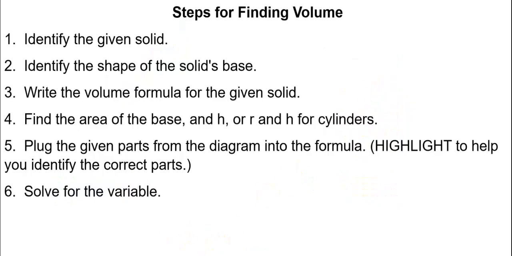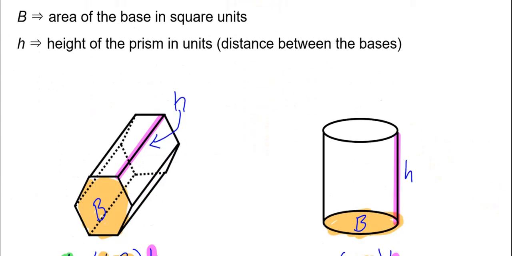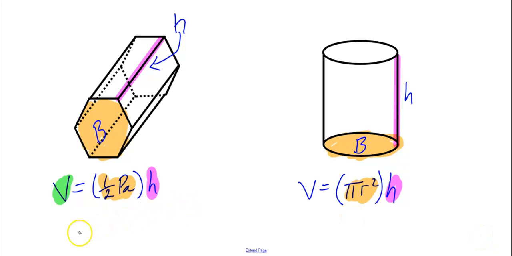Okay, so the steps: identify your solid. Is it a triangular prism? Is it a rectangular prism? What type of prism is it? Identify the shape of the base. Write down the formula.